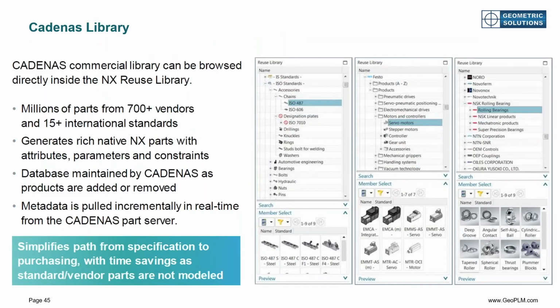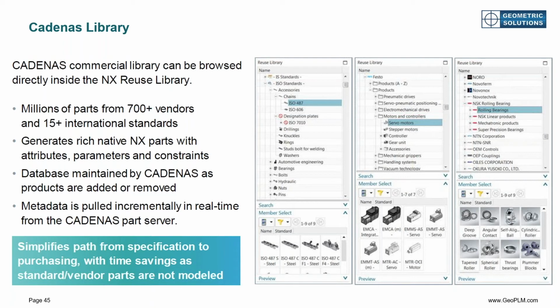There are some unique tools. One of the add-ons that is out there is that we can put this Cadenas library on there. And it's unique because Siemens has worked with these 700-plus vendors.